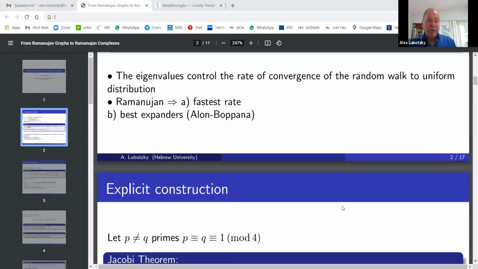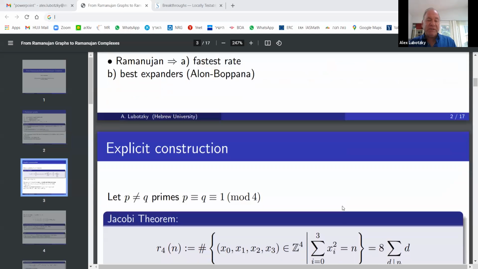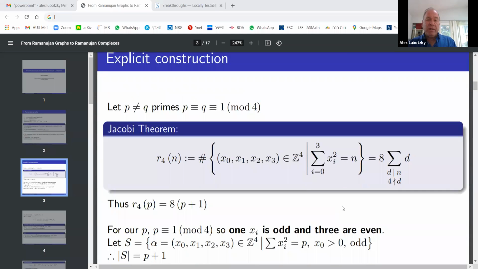By now, we know more than one method to prove existence or to construct them, but there is no easy method. It's not like expanders, where random graphs are expanders. It is not known whether random graphs are Ramanujan; they are probably not. So let me show you the first explicit construction.